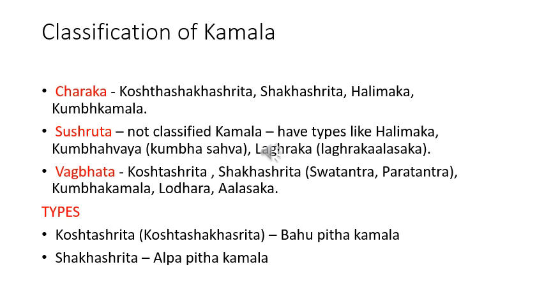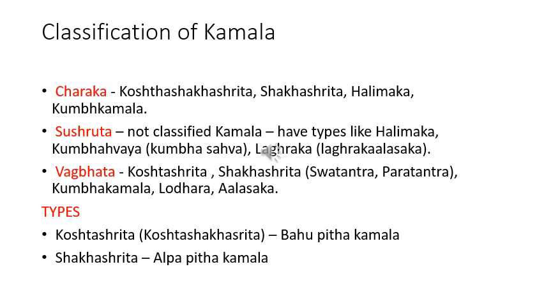Vagbhata has clearly mentioned it as two types, that is Koshtashrita and Shakhashrita, and further he has explained it as Swatantra and Paratantra. Even Sushruta has explained the existence of an independent type of Kamala. Swatantra and Paratantra Kamala. Here, Swatantra means it has its own reasons, and Paratantra means due to some other reason, that is, as an effect of some other disease.